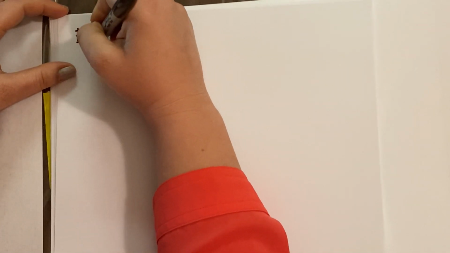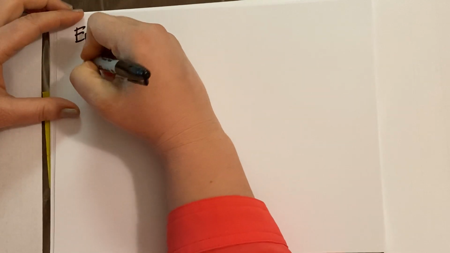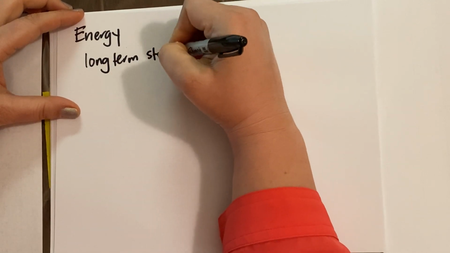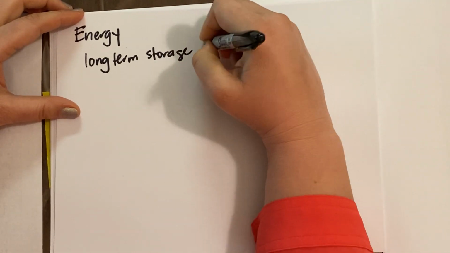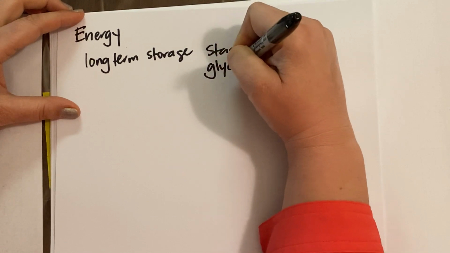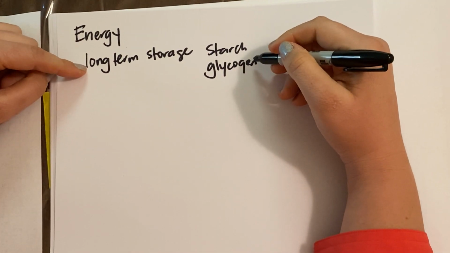One thing about energy, so we've talked about energy, is it can store energy for different periods of time. So we have long-term storage, which these things are going to be like starch, glycogen. So energy can be stored in these forms for very long periods of time, okay?